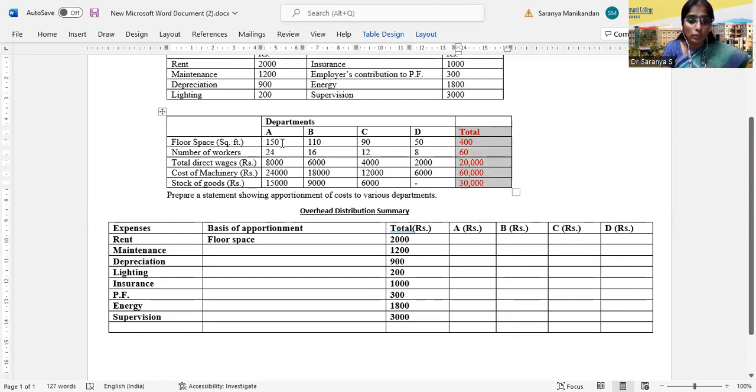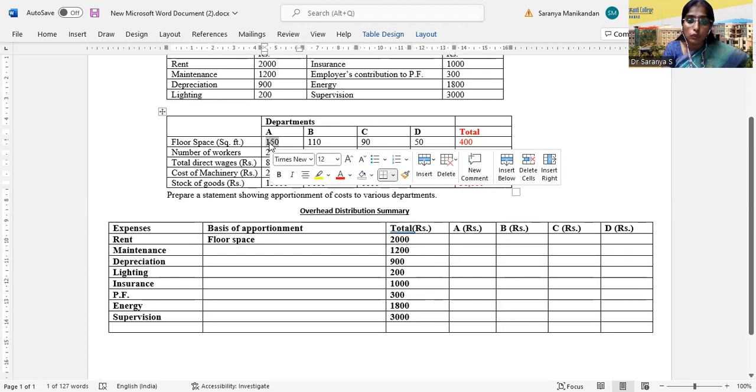When you do 150 plus 110 plus 90 plus 50, the total is 400. On this ratio, we are going to distribute 2000 rupees. For A department, the calculation goes like this. The rent amount is 2000, so 2000 into A department's floor space, how much is it? 150. What is the total? 400.